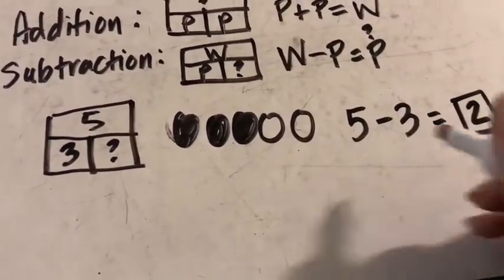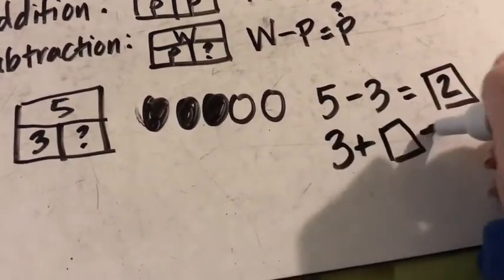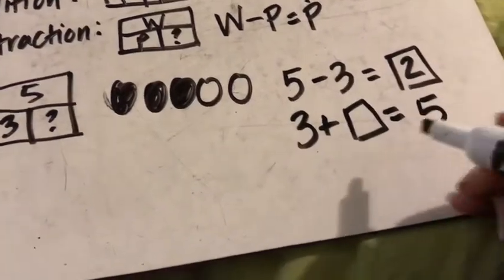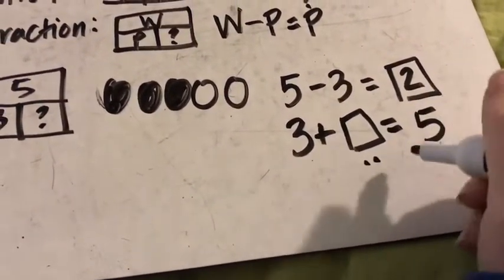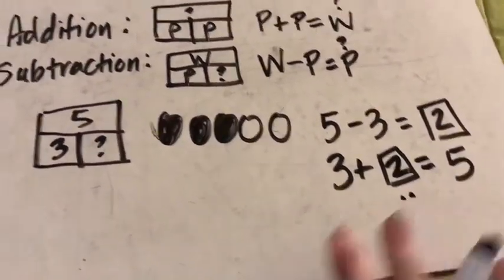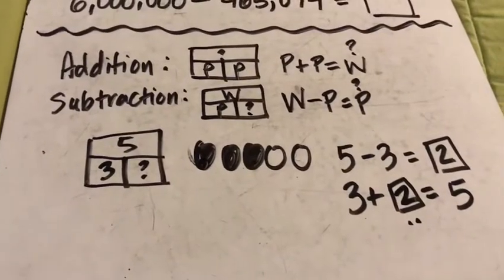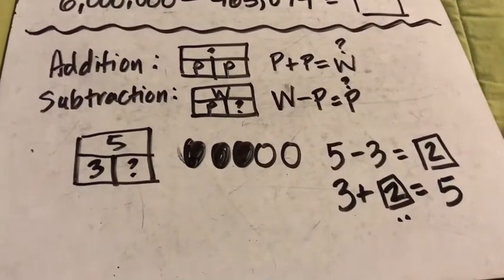But I could also think about that as 3 plus what other part would get me up to 5. And so then I can add on to the 3, and I can think 3, 4, 5. And how much did I add on? 2. So knowing how addition and subtraction are related and understanding that part-whole relationship starts in kindergarten.